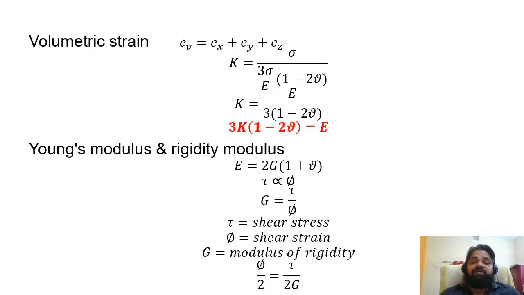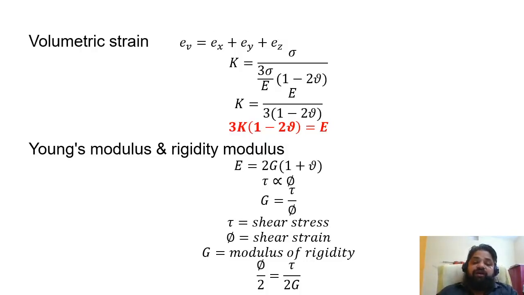I believe you can understand where this phi by 2 comes from, because we already discussed it during the discussion of the mathematical expression of the shear strain.